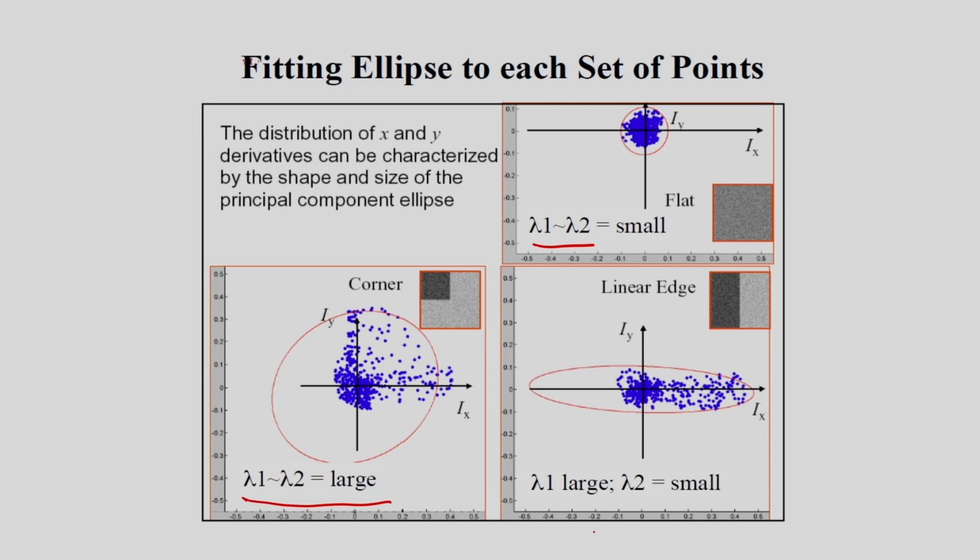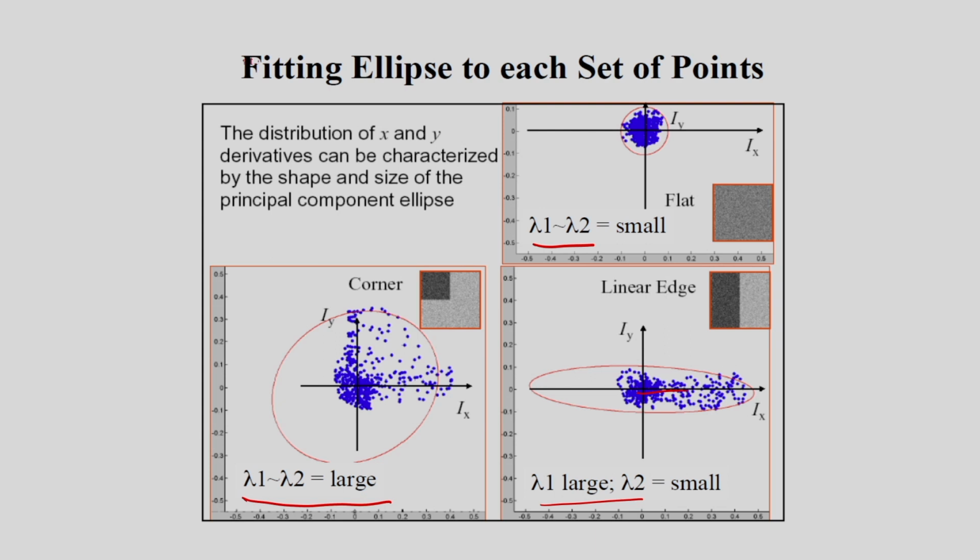Corresponding to the linear edge, if I fit the ellipse, lambda 1 is large, that is, the major axis will be large, and the minor axis will be small. So the major axis corresponds to the eigenvalue lambda 1 and the minor axis corresponds to the eigenvalue lambda 2.